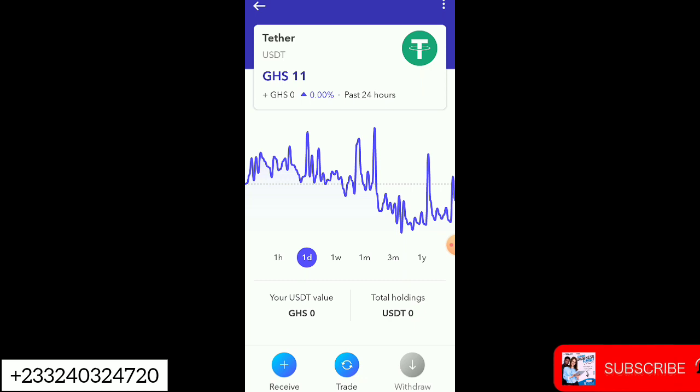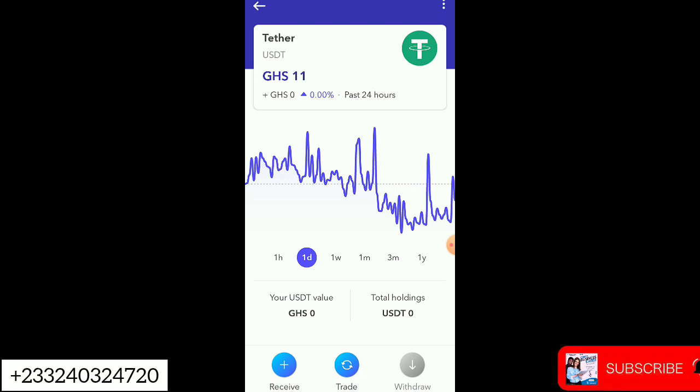And today is best for you to buy your USDT, because USDT right now is 11, so it can shoot to 12 or 13 in a few days.